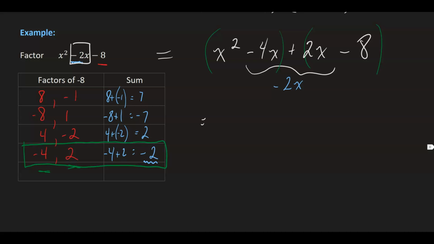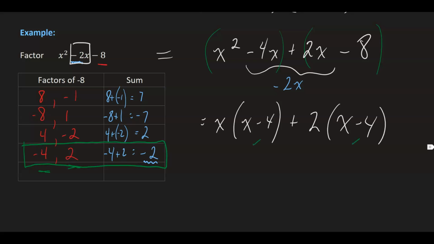Factor the x squared minus 4x. Common factor is x, and it's x minus 4. I'll put a plus. Factor the 2x minus 8. Common factor is 2, and it's x minus 4. Remember, we want these to be the same, okay?